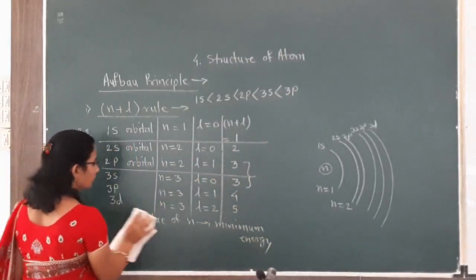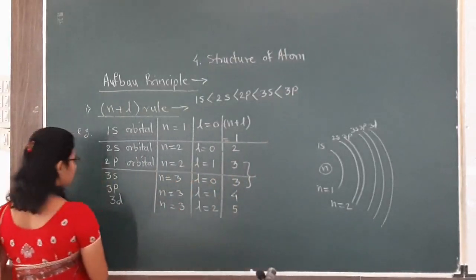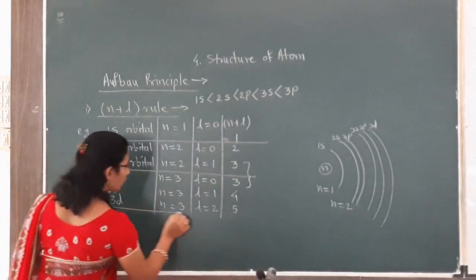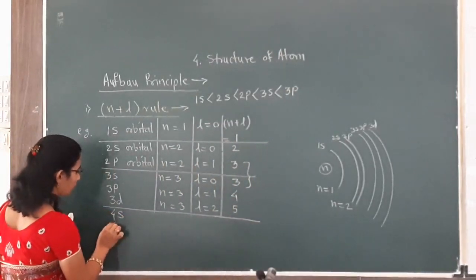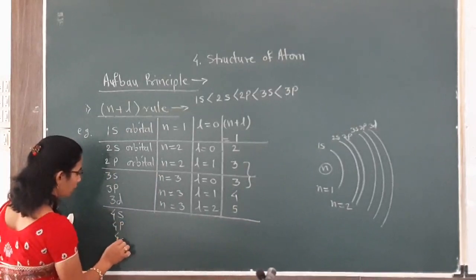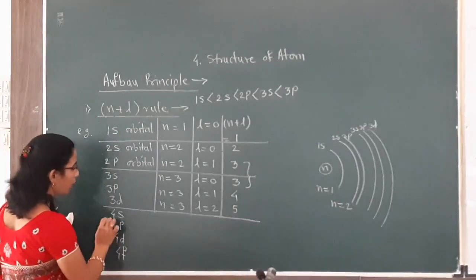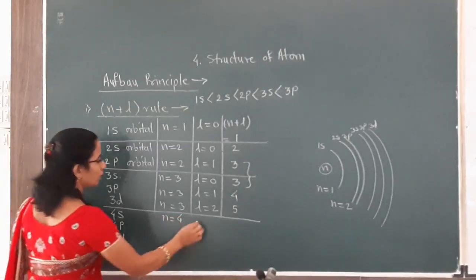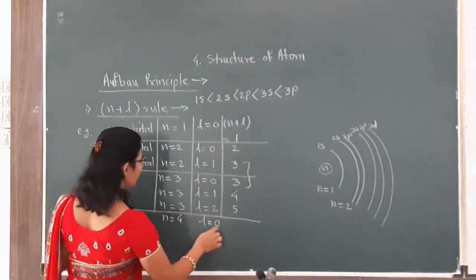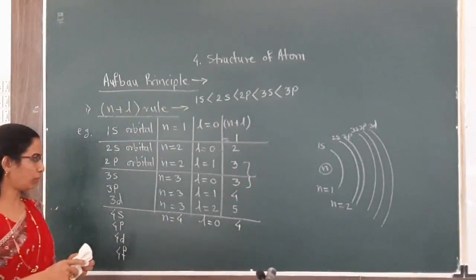Now let's see the fourth shell. Here for the fourth shell, we know that 4 kinds of orbitals are there: 4s, 4p, 4d and 4f. So here again n is equal to 4, l is equal to 0, and therefore the sum will become 4.